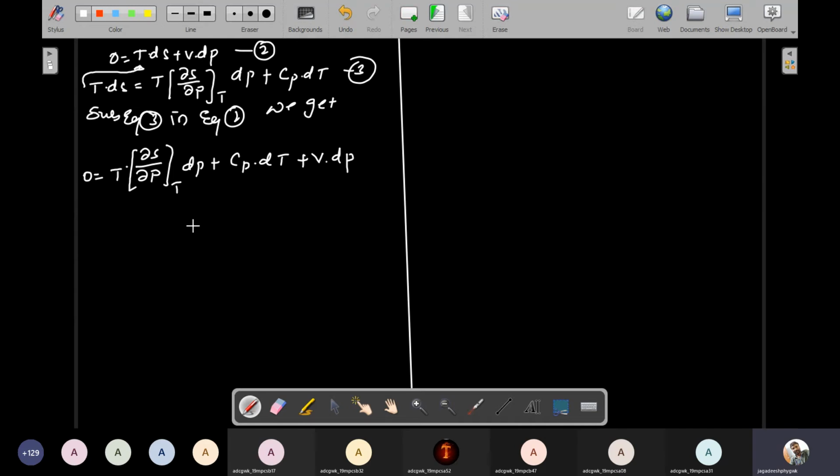Now, from Maxwell's fourth equation, here I am using Maxwell's fourth equation to change this term. So once again I write the Maxwell's equations: TV PS, TV PS, SV PT, SV PT.